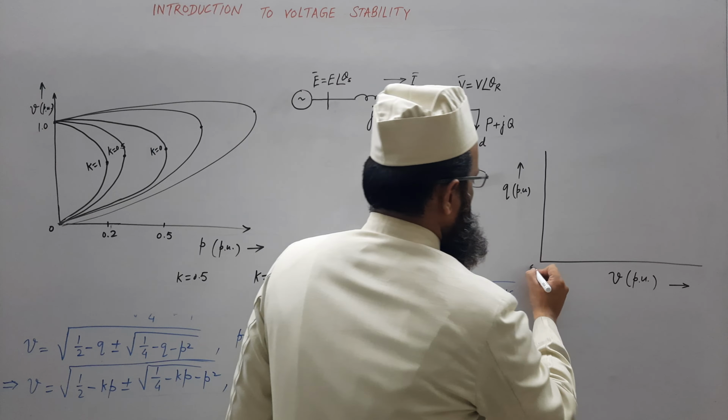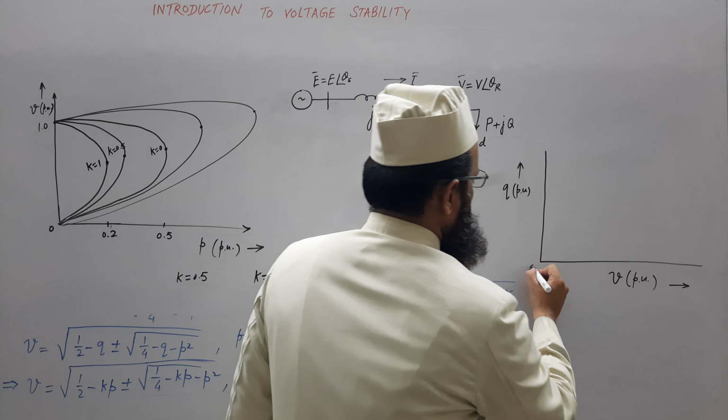So this time we are going to fix P. Earlier what we did, we fixed P for a particular curve. If we plot between V and Q, we will get this type of curve. Suppose for P1.